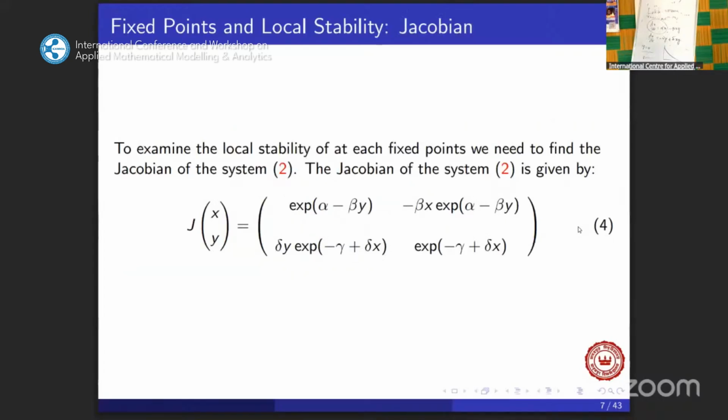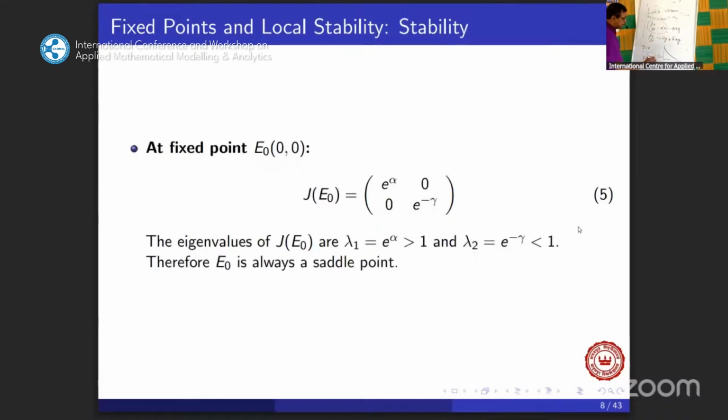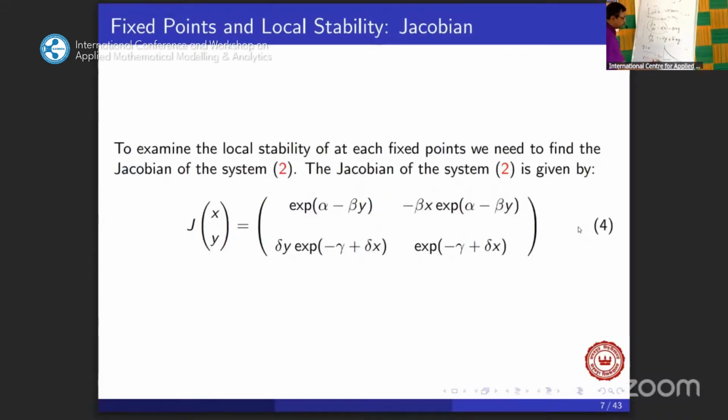Now, similarly, in the continuous system, we also get E0 (0, 0) and another equilibrium state E*(x*, y*).